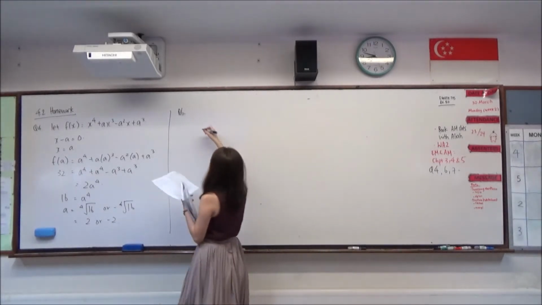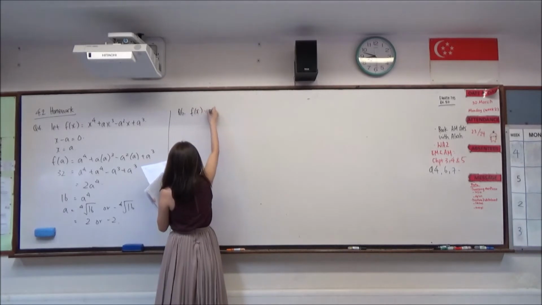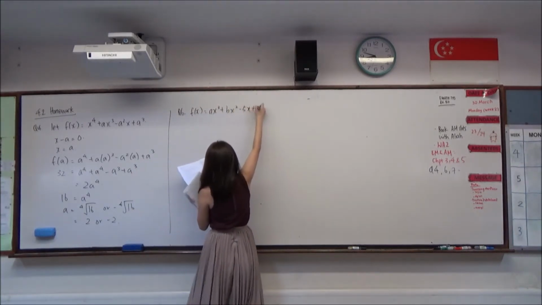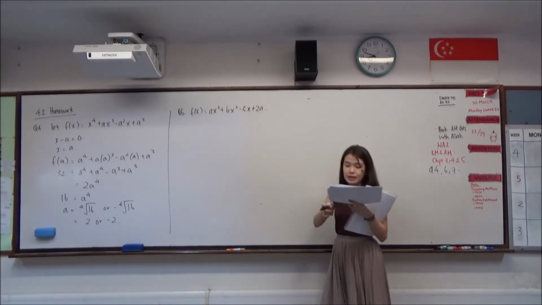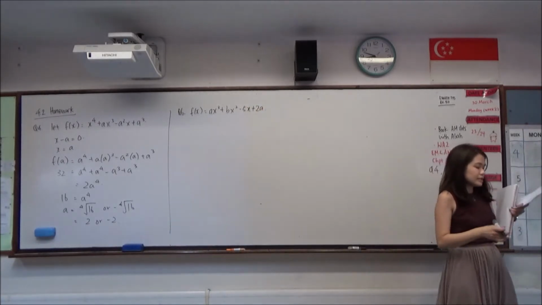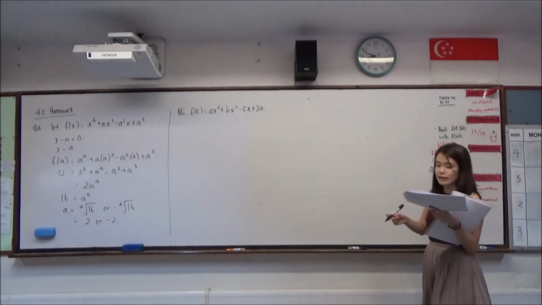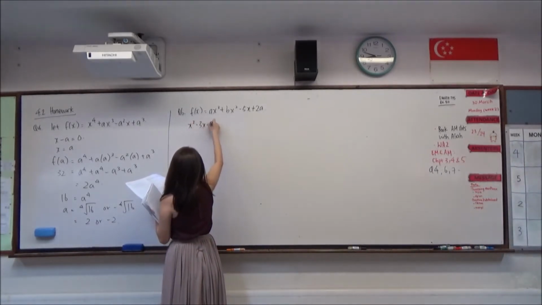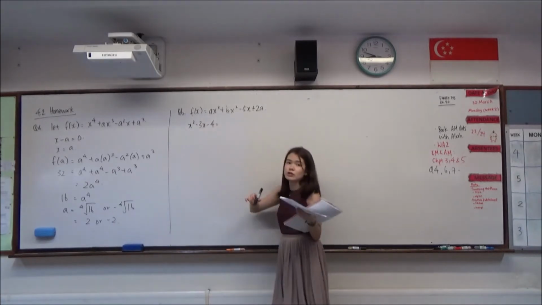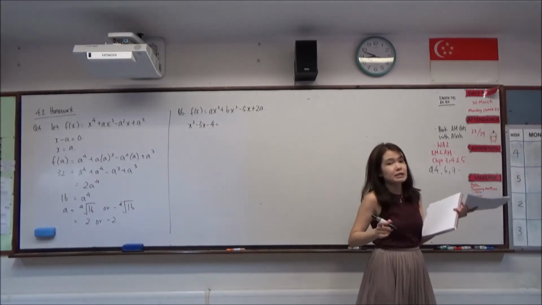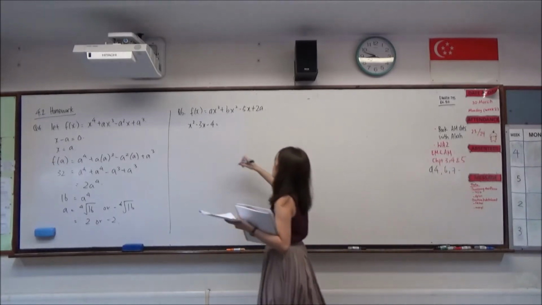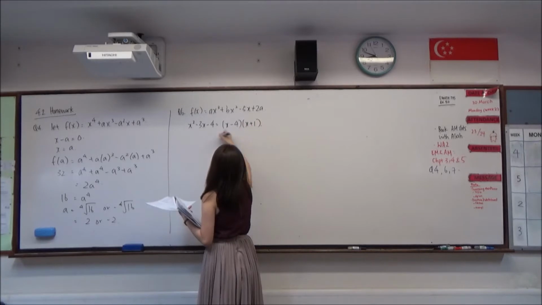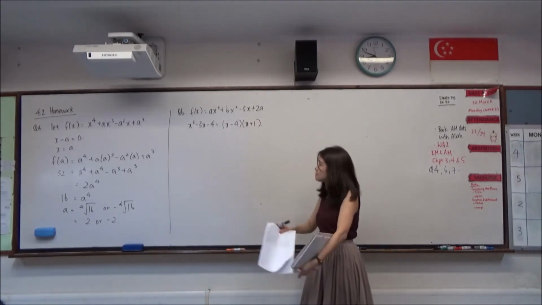Then after that, for question 6, you're given this, and in part I, it is given that x squared minus 3x minus 4 is a factor. So when you have a quadratic factor, the quadratic factor typically can be factorized. So we get x minus 4 and x plus 1.